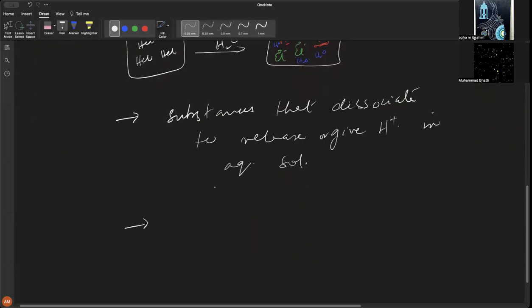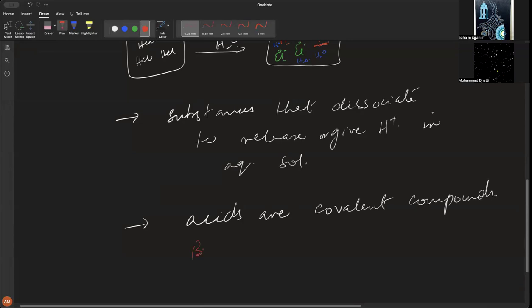We need to know that acids are covalent compounds, but they have properties like ionic compounds.